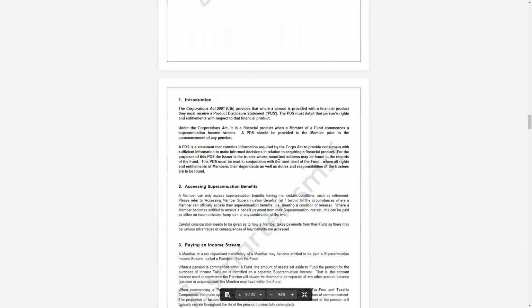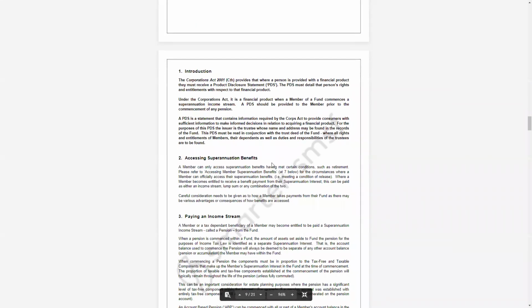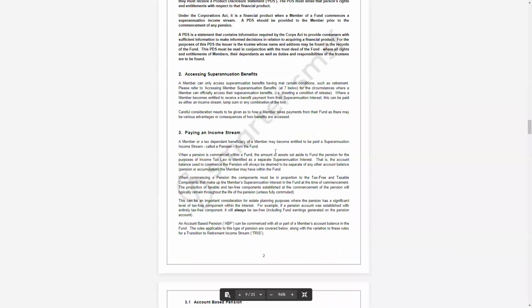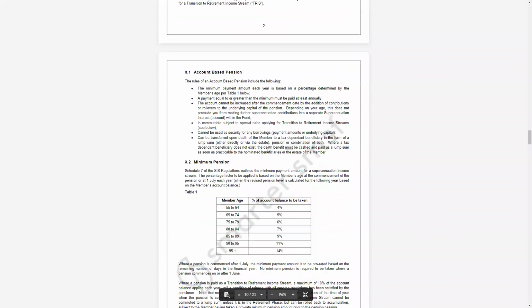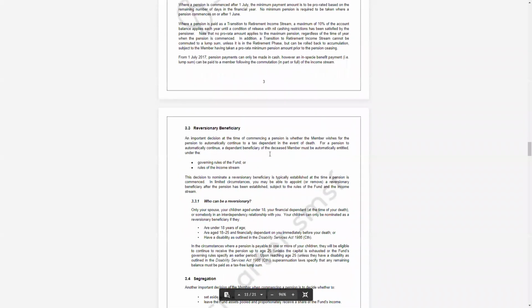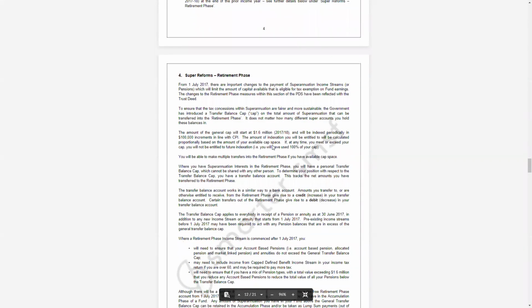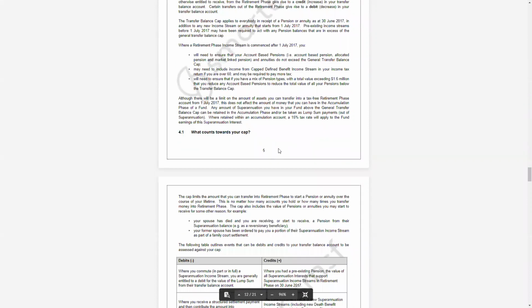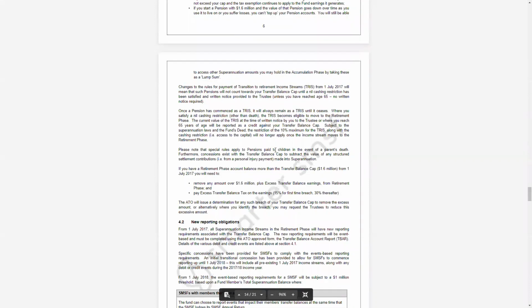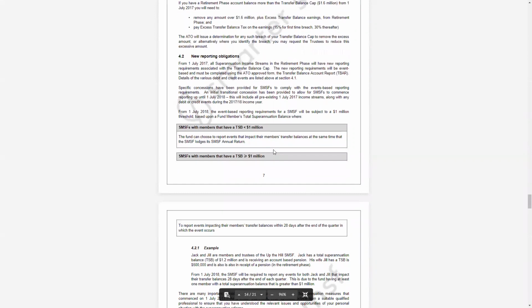But you can see in here, it's talking about the requirement of the PDS, the benefits, the payment of the income stream, the types of pensions, the minimum pension factors, reversionaries, the ability to do segregation, the reforms previously, what counts towards the caps as debits and credits, the reporting regime for T-bar.